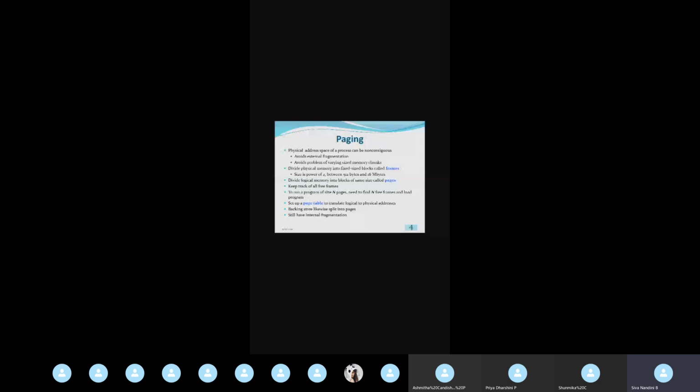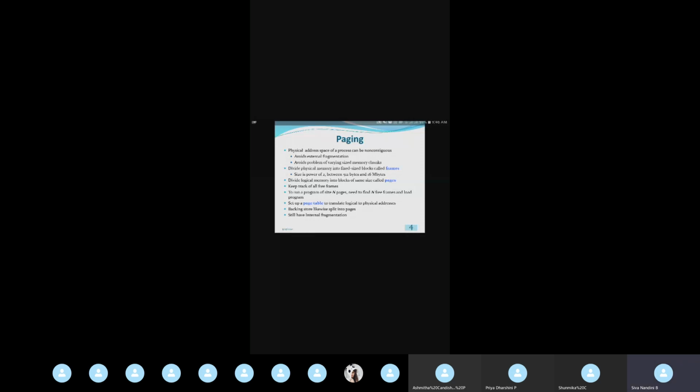So we are having a program. That program will be divided into several pages. It is similar to having a book. In the book, we may have some 10 chapters. Likewise, a complete program is divided into 10 pages. Likewise, we'll be dividing the whole memory of the program into some sections.